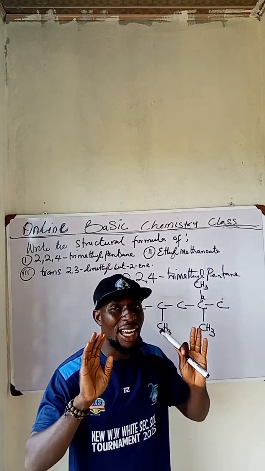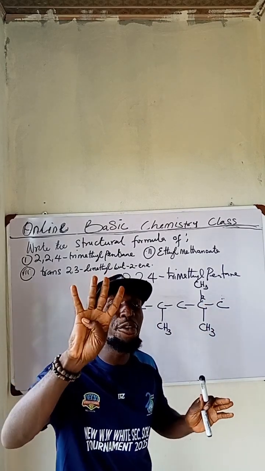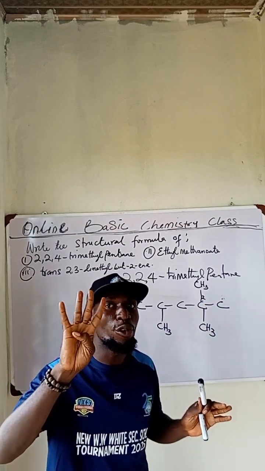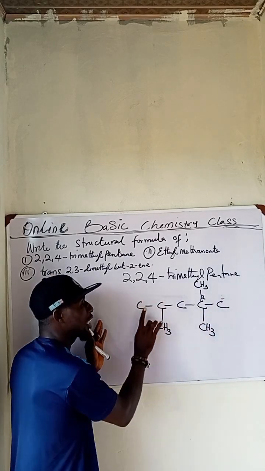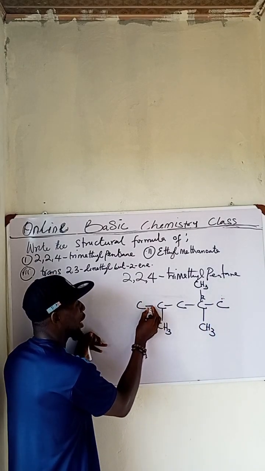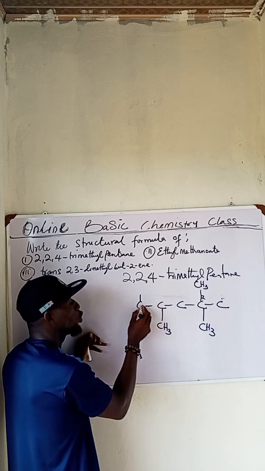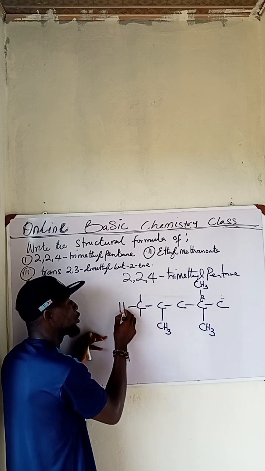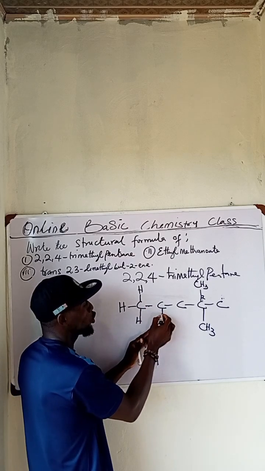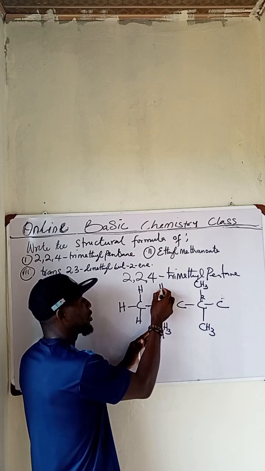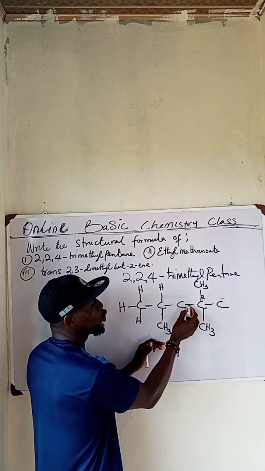The next thing is to saturate the carbons. Please have in mind that carbon is entitled to only 4 bonds. So you saturate the carbon with hydrogen, but ensure that it has 4 bonds. This one already has 1, so I need 4 and I put my hydrogens. This one has 3, so I put another one. This has 2, I put this.